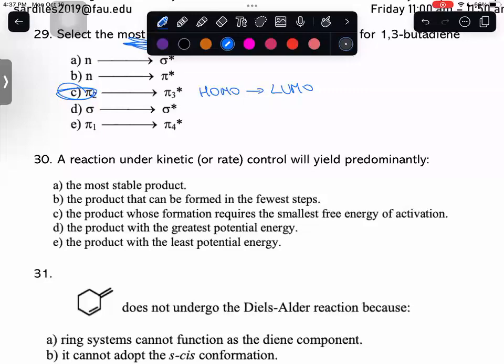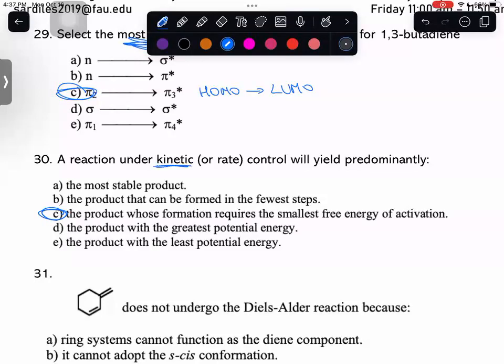Raise your hand if you think it's B. Okay, lower down. What if you think it's C? Okay. What about option D? No one? Okay, thank you. So for 30, it's going to be option C.